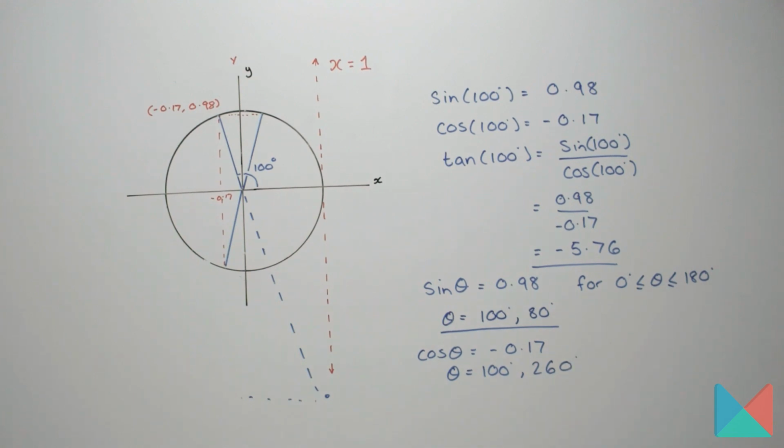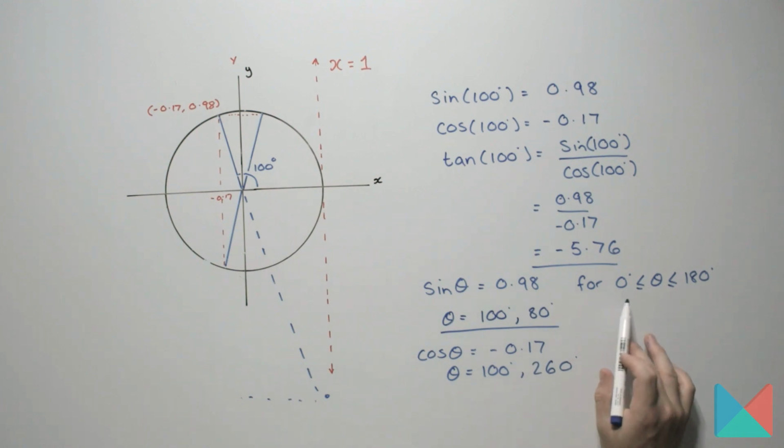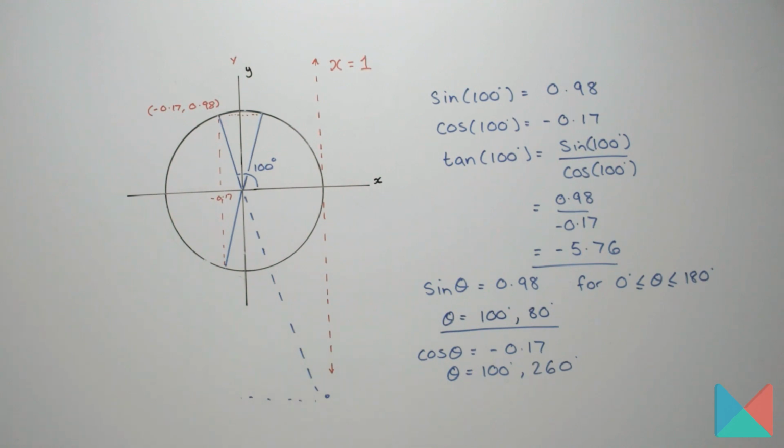So cosine of 260 degrees also gives us a value of negative 0.17. But our question asks for only solutions between 0 and 180 degrees. And so is 260 degrees within that domain? No, and so we can cross out this solution and we only have 100 degrees as our solution between this domain.